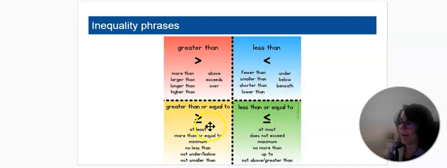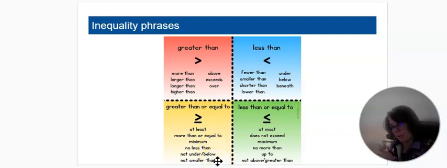All right, but greater than or equal to or less than or equal to take a little bit of practice. You'd be surprised, because at least means greater than or equal to. At minimum, no less than means greater than or equal to.